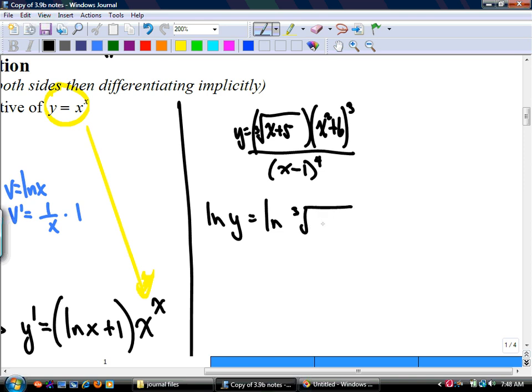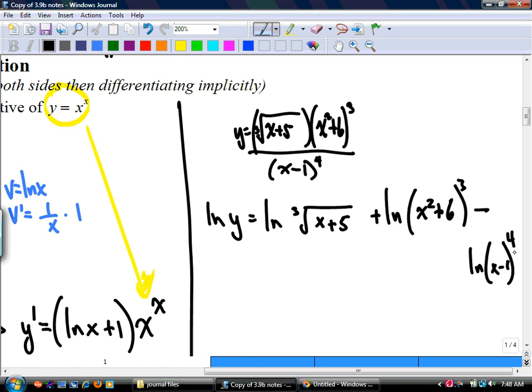Ln root x plus 5 plus ln x squared plus 6 to the power 3 minus ln x minus 1 to the 4th power. Multiplication is addition, division is subtraction.